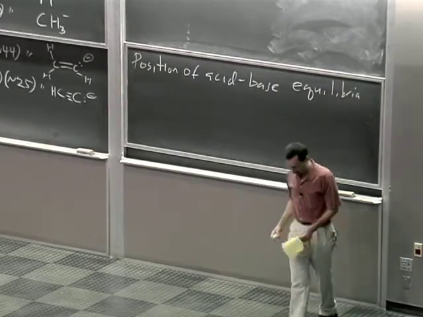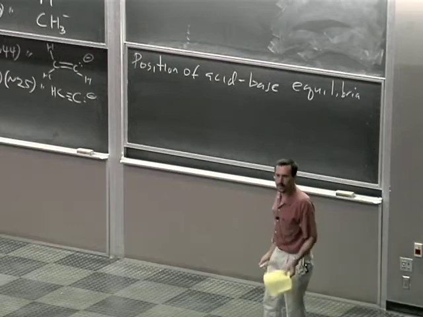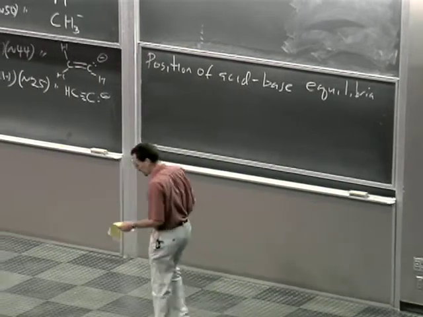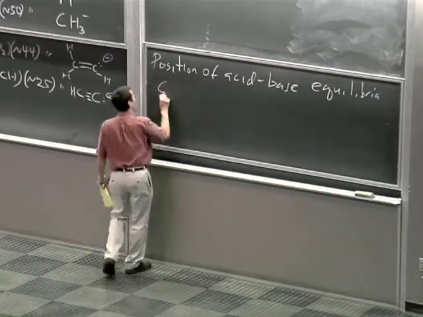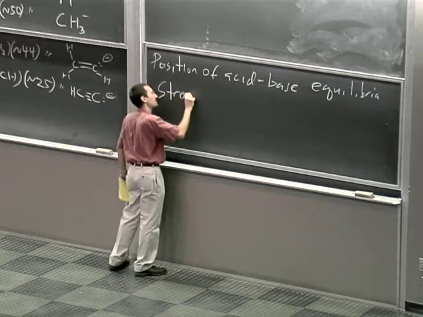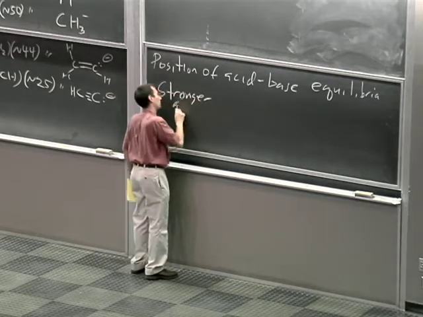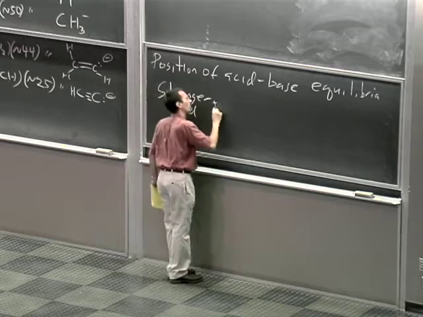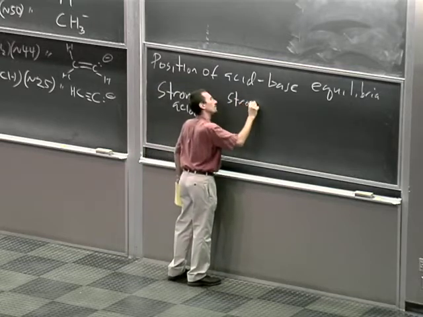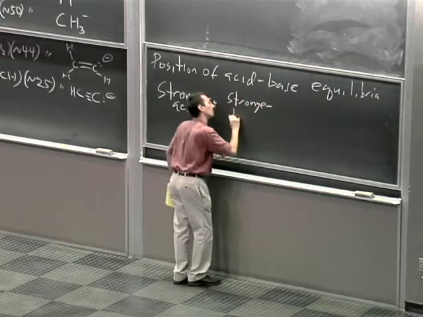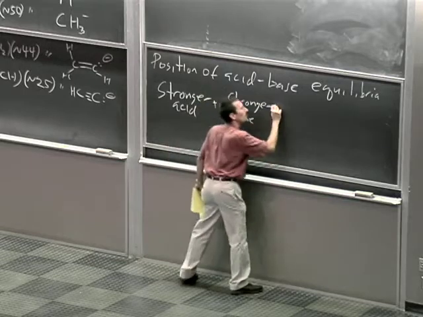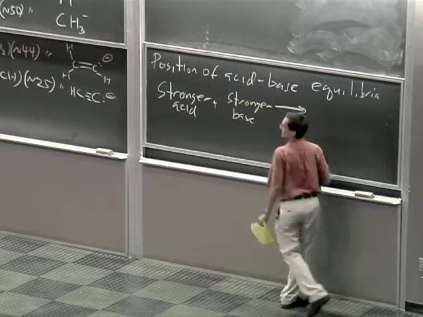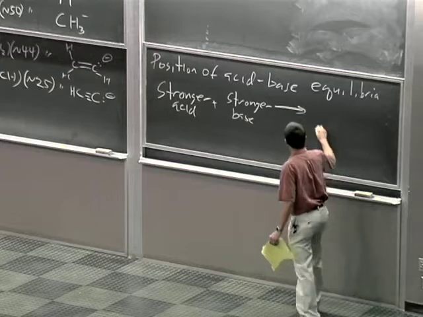Position of acid-base equilibria. Very simple. A stronger acid and a stronger base react to give a weaker acid and a weaker base.